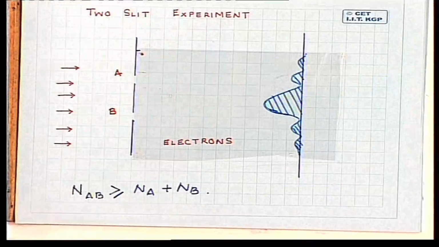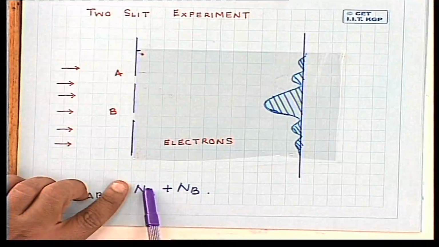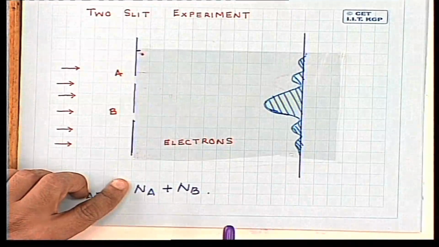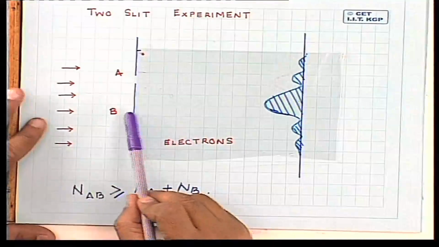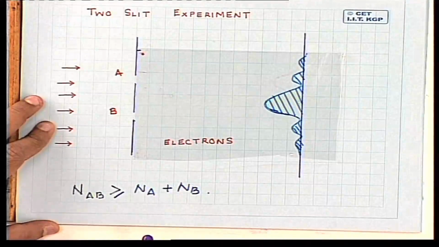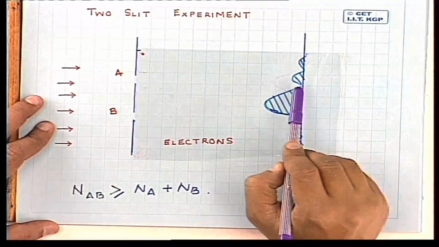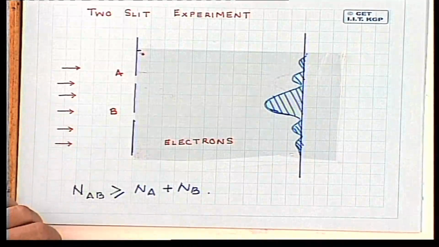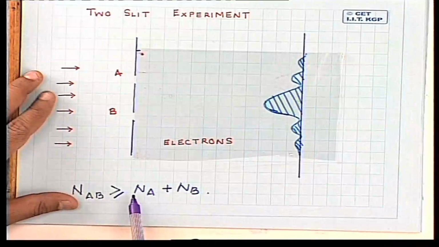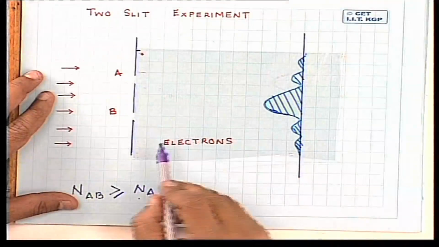There is no way it can be less. That is, N_A is the number of electrons which arrive over here when only A is open, N_B is the number of electrons which arrive over here when only B is open. We expect when both are open, the number of electrons that arrive over here should be at least equal to the sum of the number of electrons that arrive when only A is open and the number of electrons that arrive when only B is open.